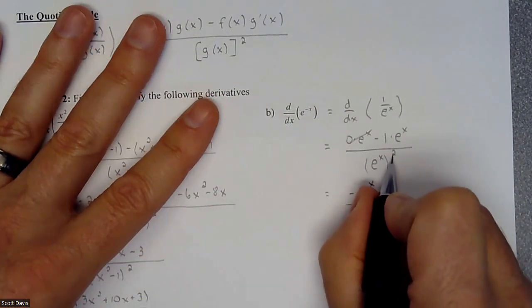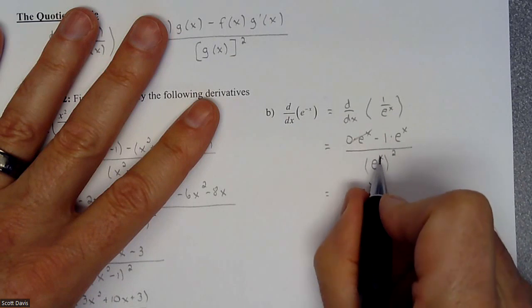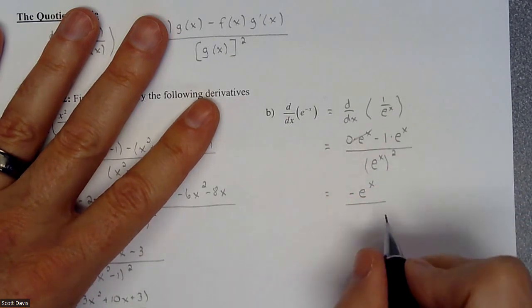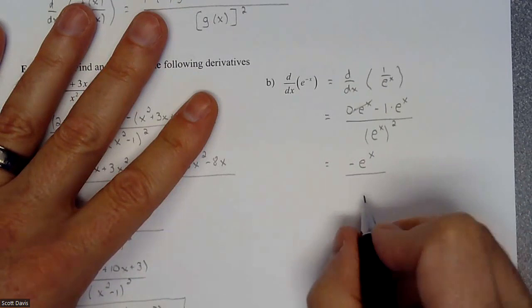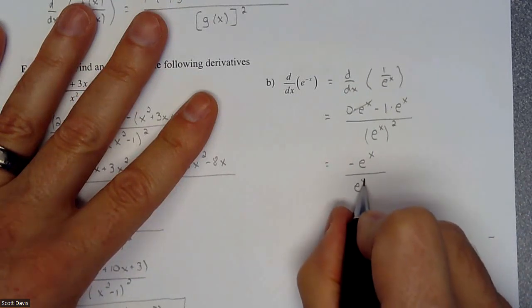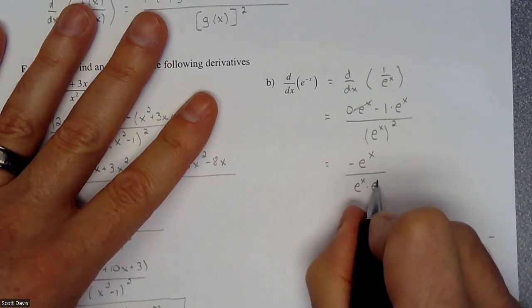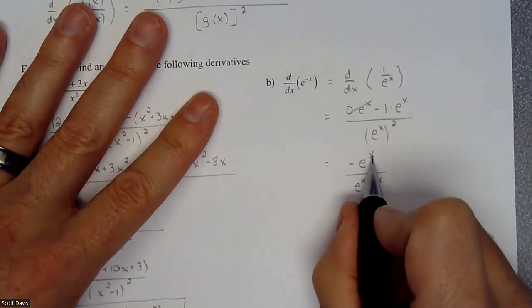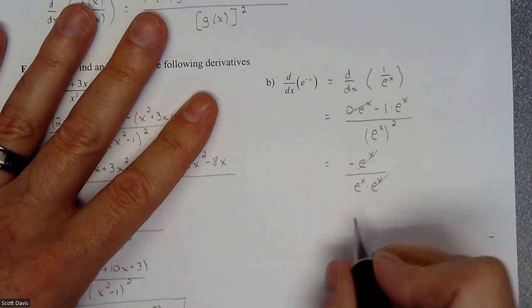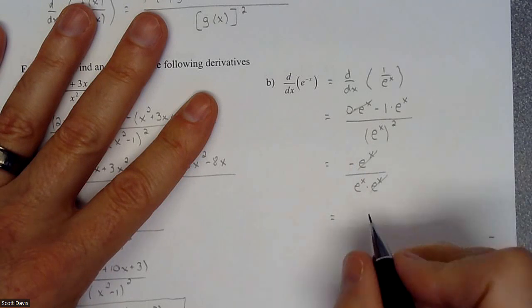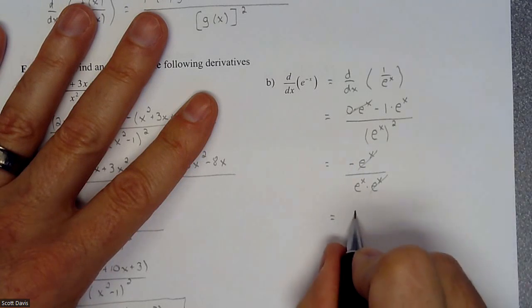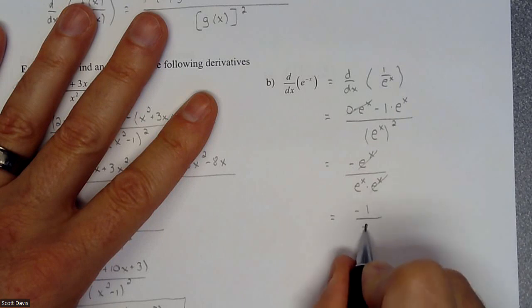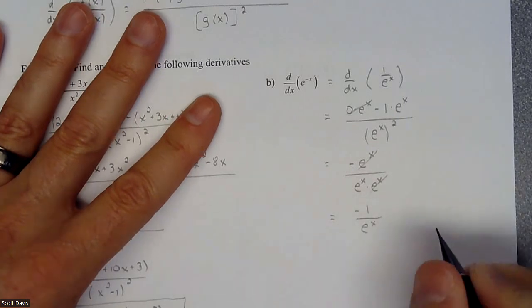So rather than bringing this in and multiplying it to the exponents, I'm going to break this up just to make it a little more obvious of what I can do next. e to the x squared is e to the x times e to the x, which makes it a little more obvious that I can simplify one of those out. And so my final answer is going to be a negative 1 on the top, e to the x on the bottom.